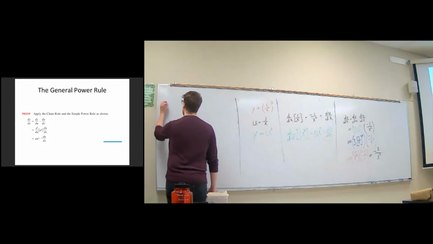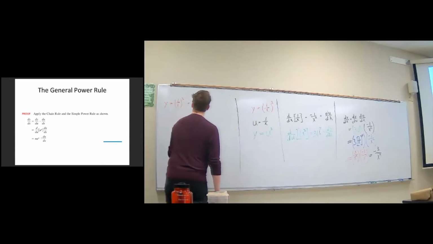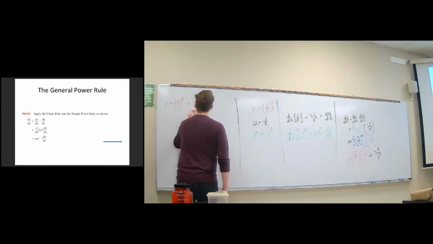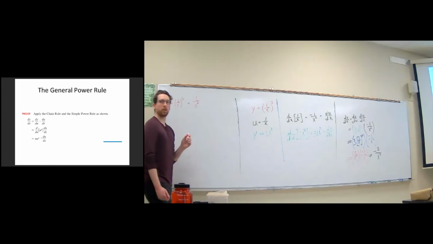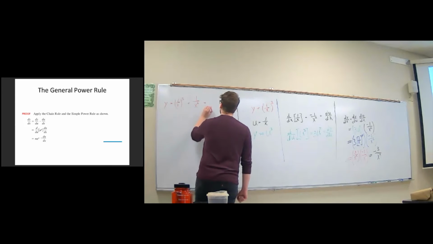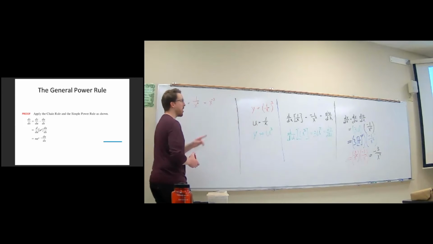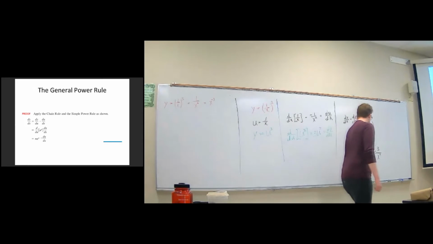So y equal to 1 over x, that quantity to the third. Well, that's just going to be equal to 1 over x to the third, right? And this is equal to x to the negative third. So we could have gone ahead and applied the power rule straight to this. Let's do that just to verify our answer down here.